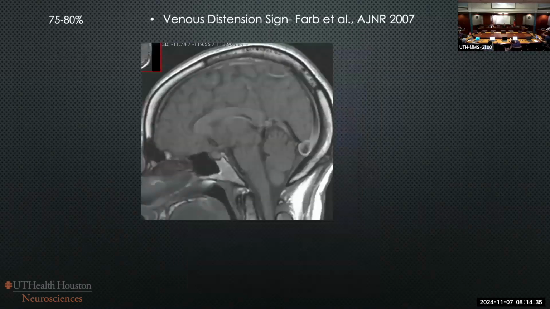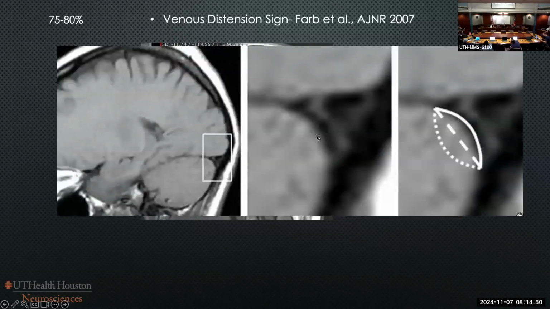So the other finding, which you won't be surprised to hear about, is the venous distension sign described in 2007. Sometimes on the sagittal MRIs, it's kind of hard to tell midline whether this is a large vein, whether it is pathologic or not. The venous distension sign was defined as going halfway out in the dominant transverse sinus and looking at the morphology of the sinus. Normally, these are low pressure veins and they're concave.